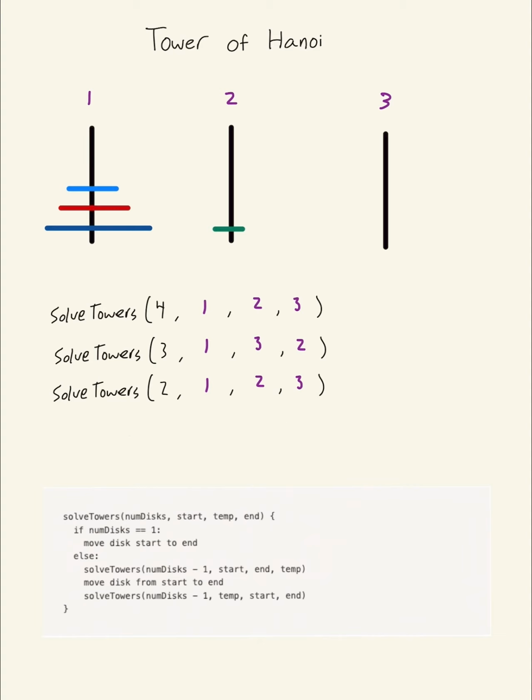So that was finishing this call in the solve towers 2 call. And so once that finishes, now we can move on to this step where we move the disk from the start to the end. All right, so we move this disk from 1 to 3.